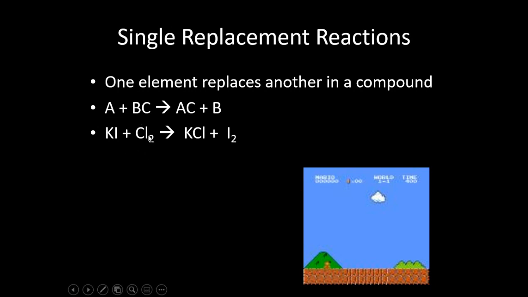And what's going to happen is the Cl, the chlorine, is going to kick out the iodine, and we're going to end up with potassium chloride and then just iodine. So this is single replacement, where one element replaces another element in a compound, and that element is no longer in that compound, and it's usually existing as a single element again.